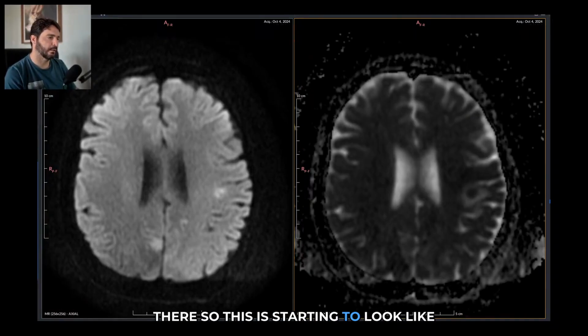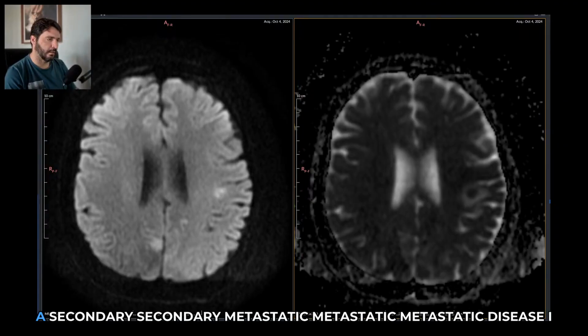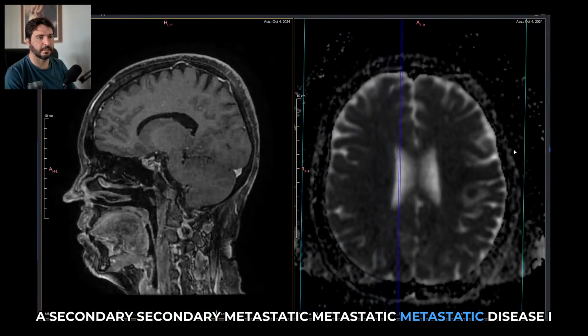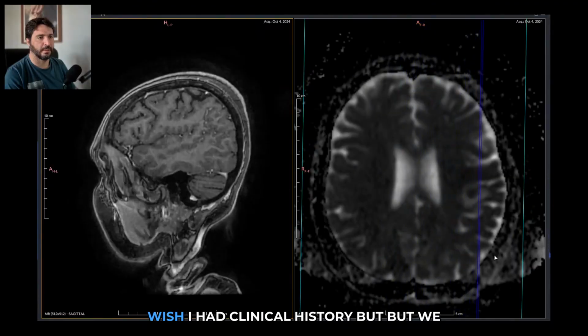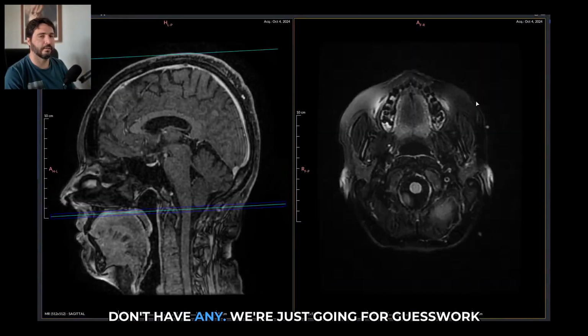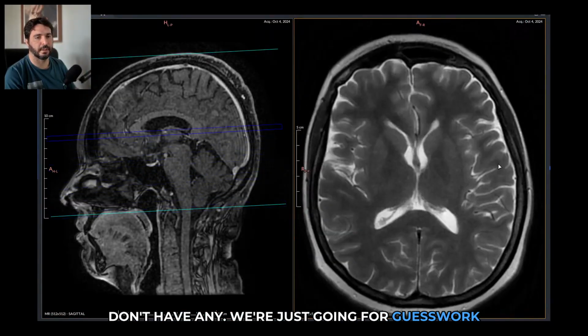So this is starting to look like a secondary metastatic disease. I wish I had clinical history, but we don't have any. We're just going for guesswork here.